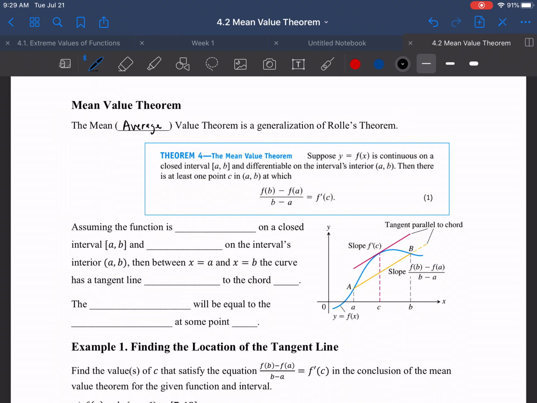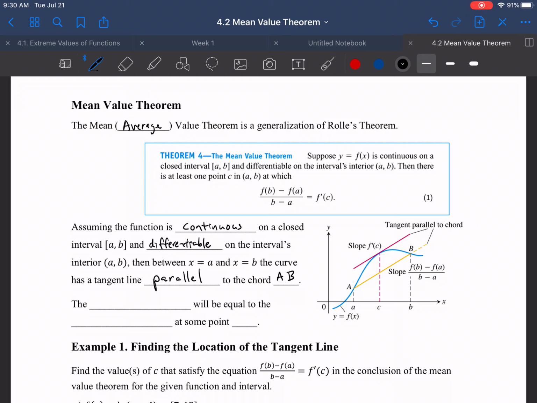Assuming the function is continuous on a closed interval AB and differentiable on the interval's interior AB, then between x equals a and x equals b, the curve has a tangent line parallel to the chord AB.